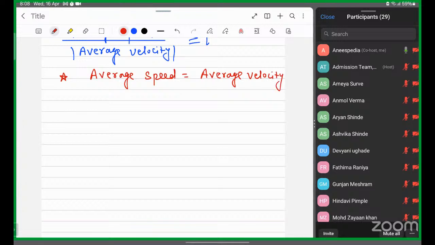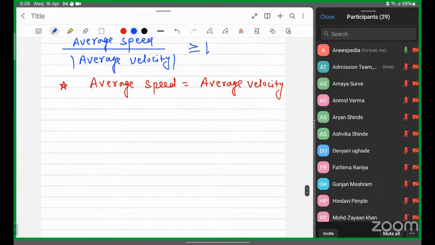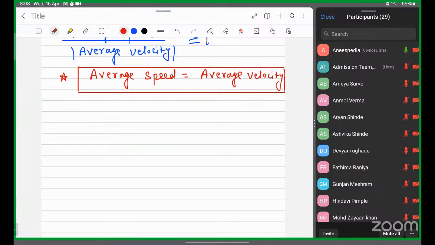In which case is this possible that average speed is equal to average velocity? Yes, average speed will be equal to average velocity if distance is equal to displacement.